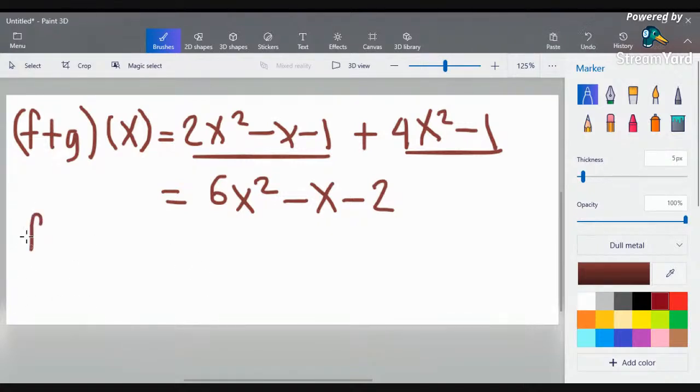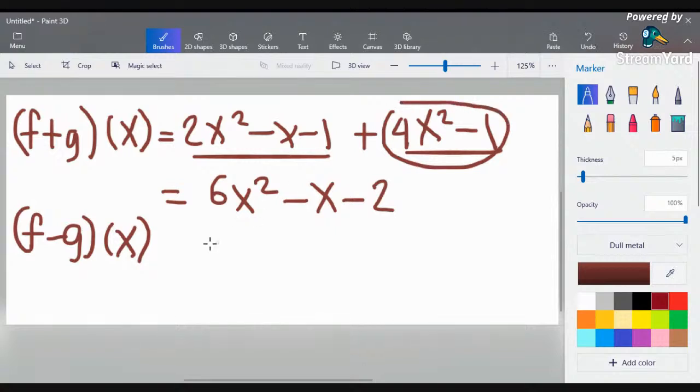What if we have f minus g of x? Okay, so take note that we have to change the sign of your subtrahend in order to find subtraction of f minus g. So 2x squared minus x minus 1.